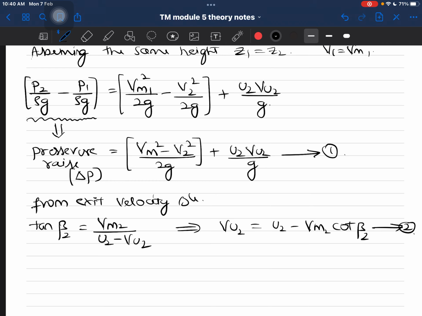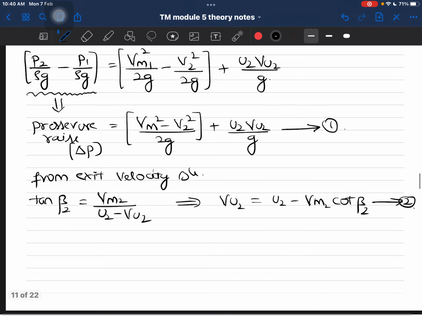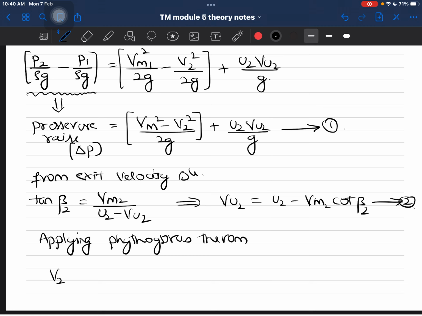Now what I will do is also apply Pythagoras theorem. So what we have: V2 square is equal to Vm2 square plus Vu2 square.